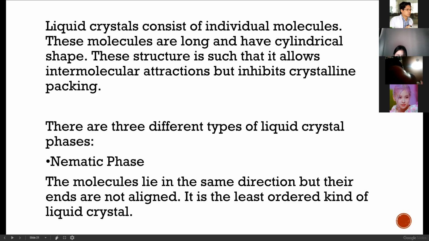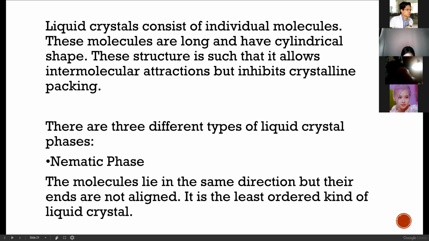Liquid crystals are the ones in the LCD of your calculators, the old calculators. Those are liquid crystals. Liquid crystal display, LCD. There are three different types of liquid crystal.